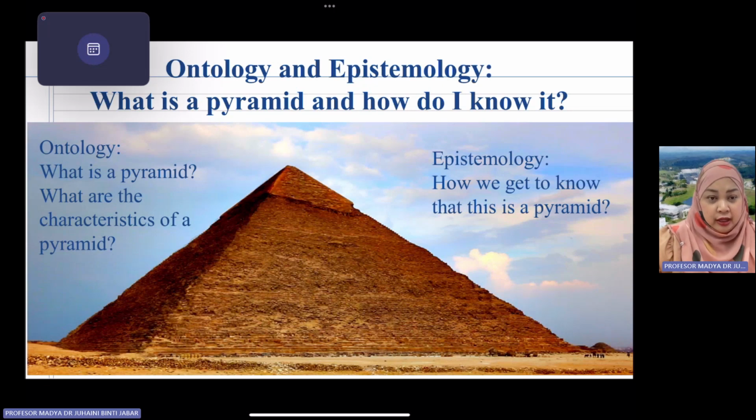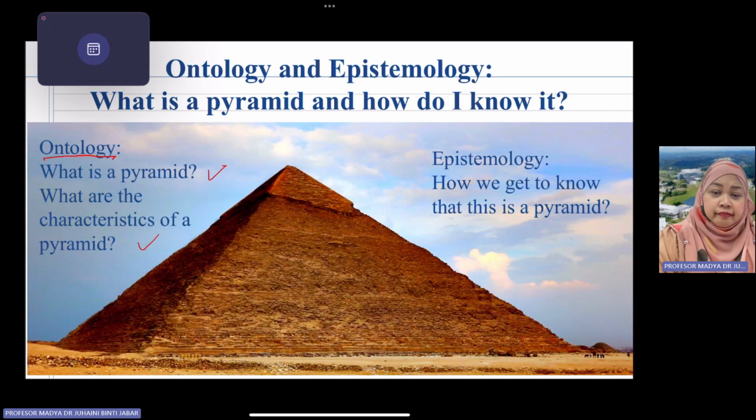How do you differentiate the ontology and the epistemology? How do you know that this is a pyramid? In terms of the ontology perspective, what is a pyramid? What are the characteristics of a pyramid? When you see this picture, sometimes you can question, is this the real pyramid in Egypt maybe?